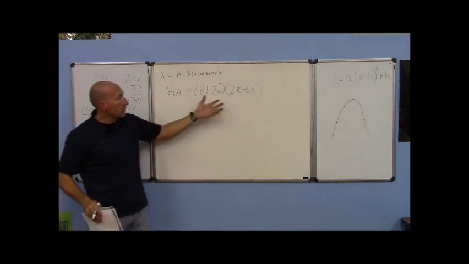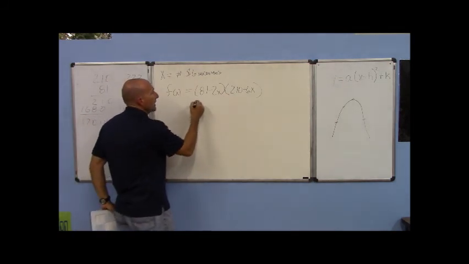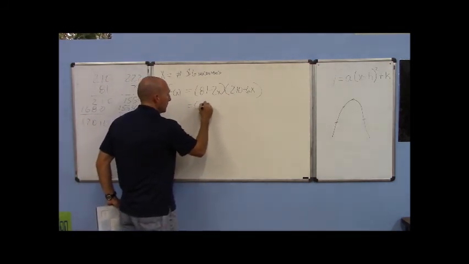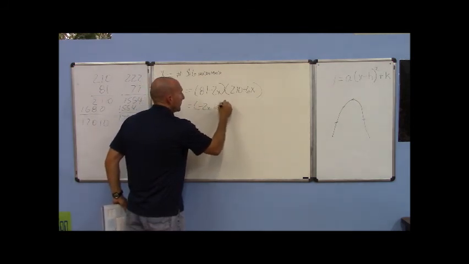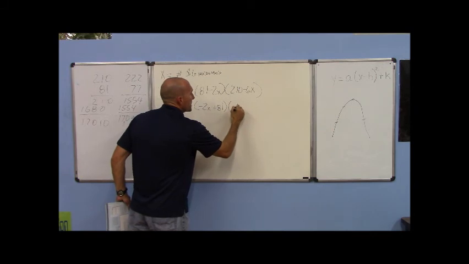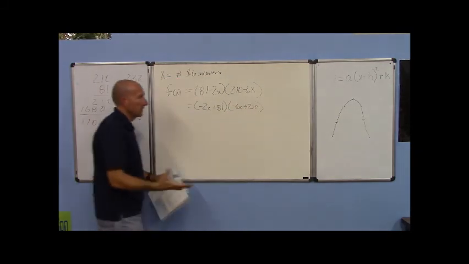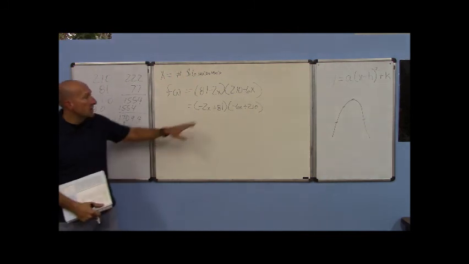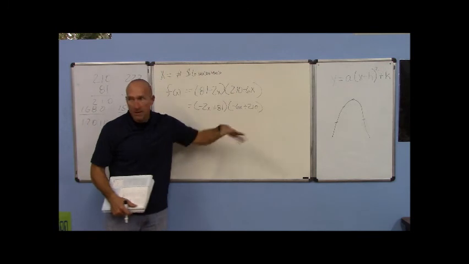Okay? This looks very similar to us. You could technically rename this as minus 2x plus 81 times minus 6x plus 210, if this helps you visually. Because we're used to seeing the x's on the left side and our constants on the right side.